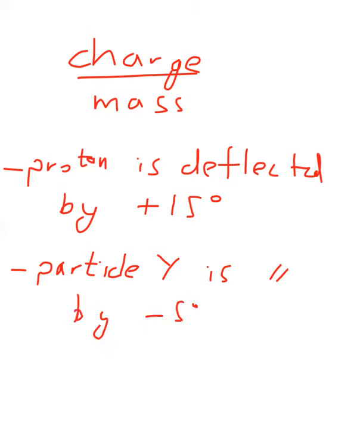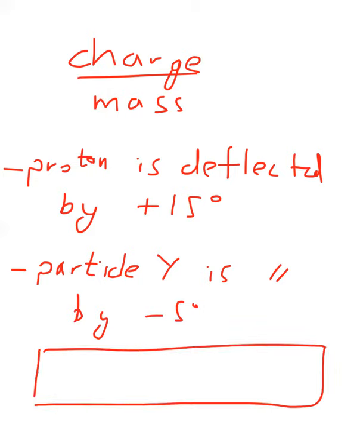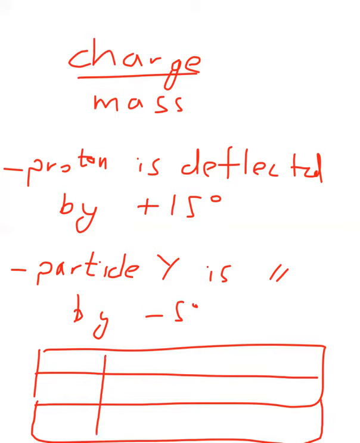And then we are given 2 or 3 different particles and we have to determine which one will be particle Y. These are made of protons, neutrons, and electrons. Particle 1 and 2.